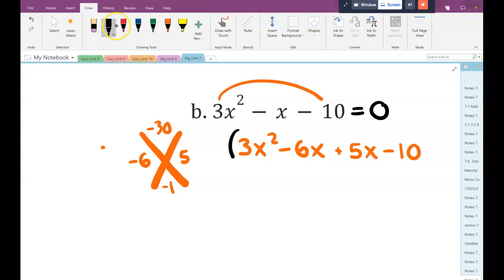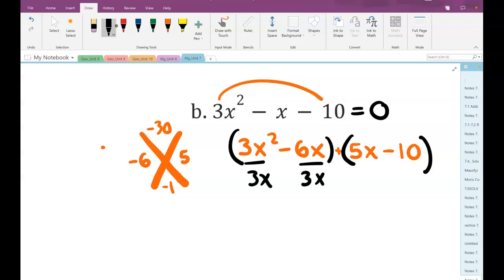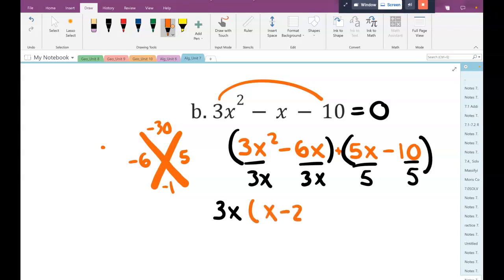And then we start grouping. Group, group, group, group. My first parentheses, I can factor out a 3x from both of them. And my second parentheses, all I can take out is a 5. So this will look something like 3x, parentheses, what's left over is just an x and a minus 2.